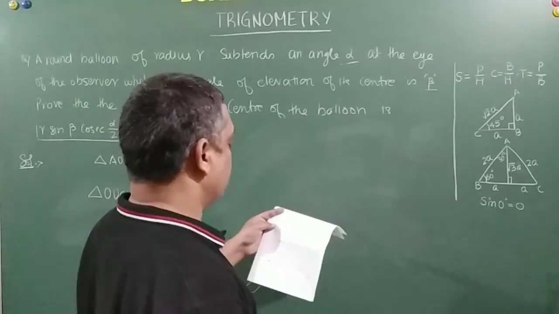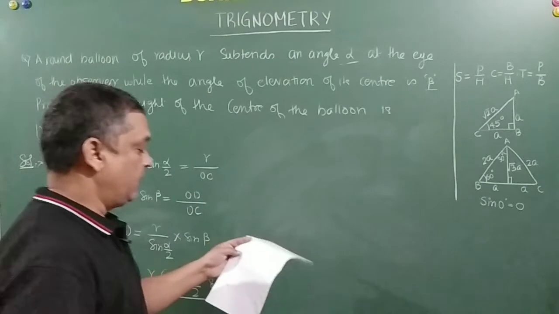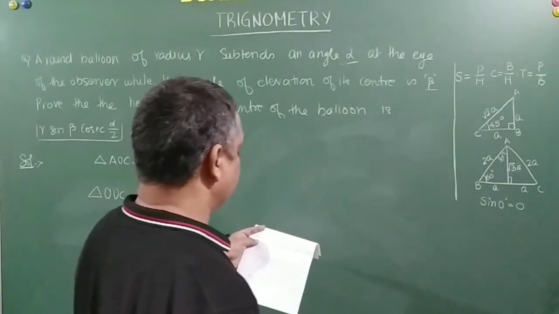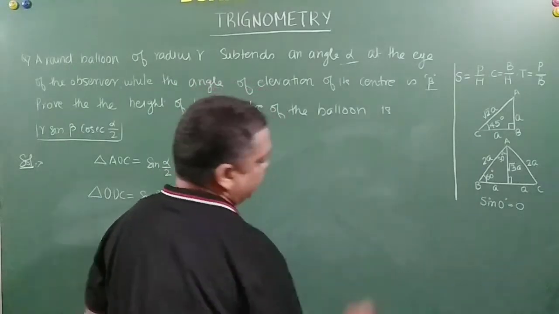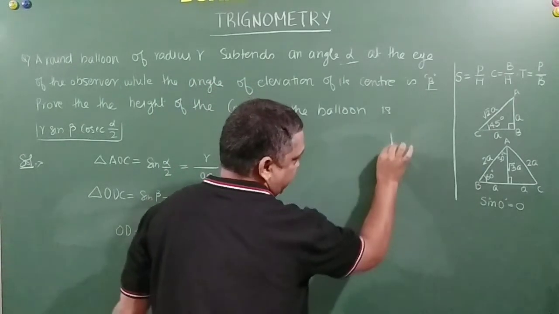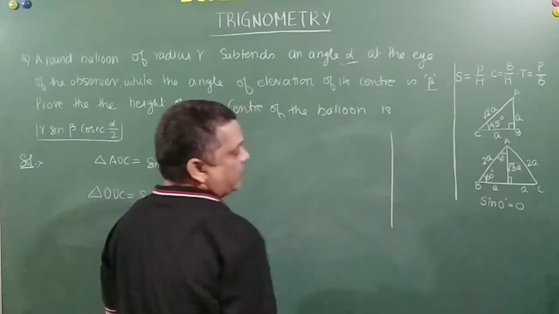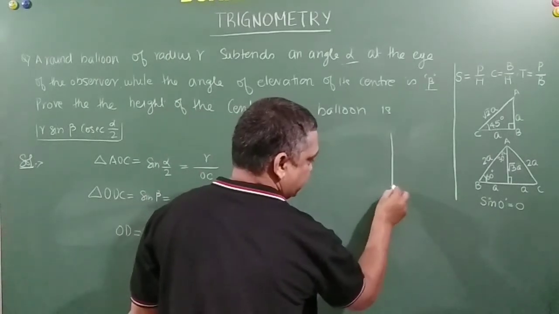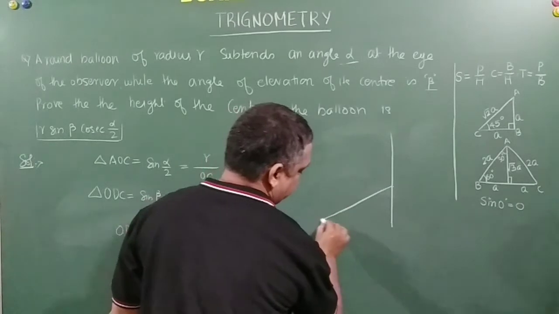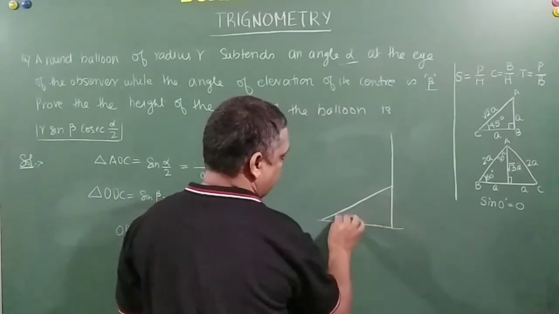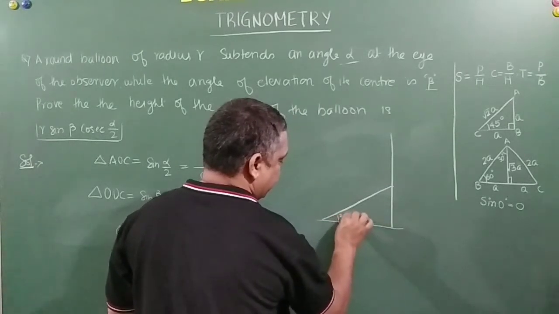A tree breaks down due to storm and the broken part bends so that the top of the tree touches the ground, making an angle of 30 degrees with it. Let us say this is the tree, friends. It breaks down at this point, then comes and touches the ground. This is making 30 degrees.